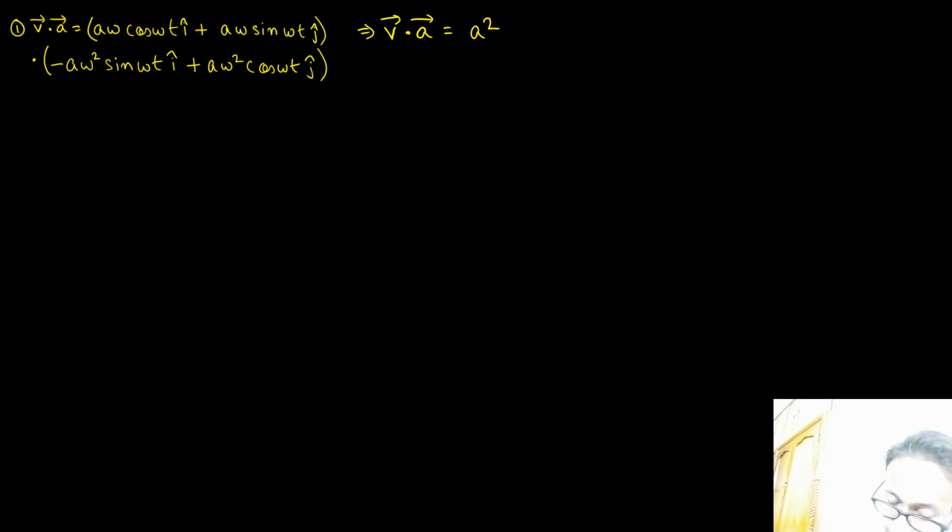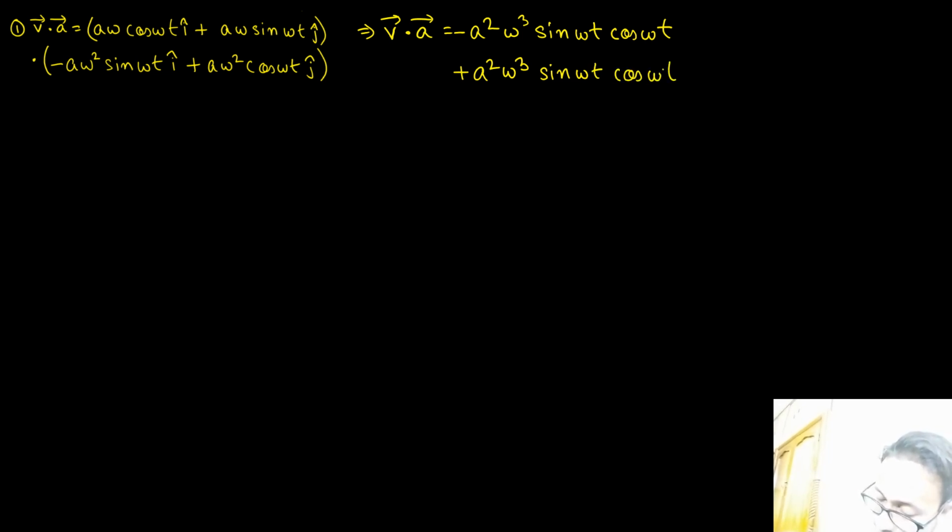Okay, don't confuse the two. a squared omega cubed minus a squared omega cubed into sine omega t cos omega t, and j with j plus a squared omega cubed sine omega t and cos omega t. See out here, i multiplied with i becomes 1, j multiplied with j becomes 1.